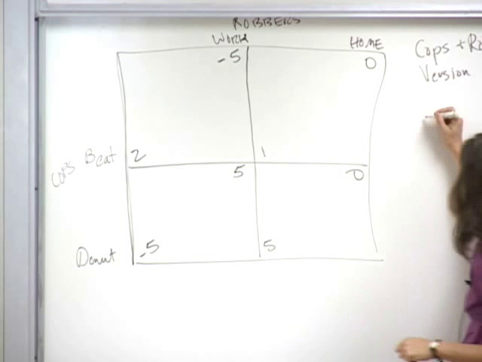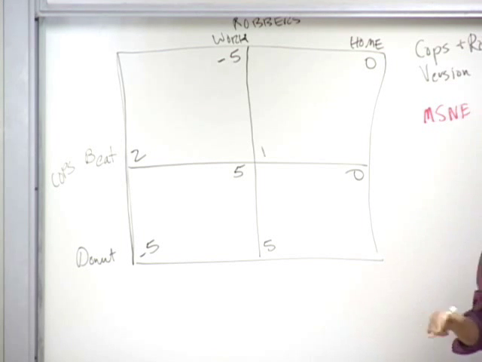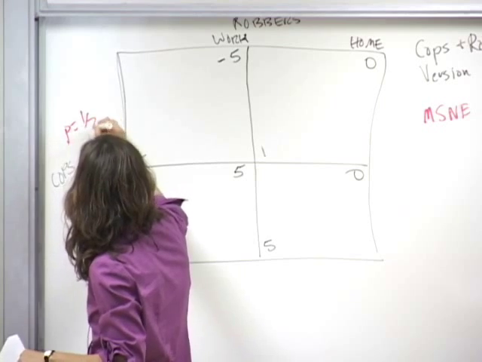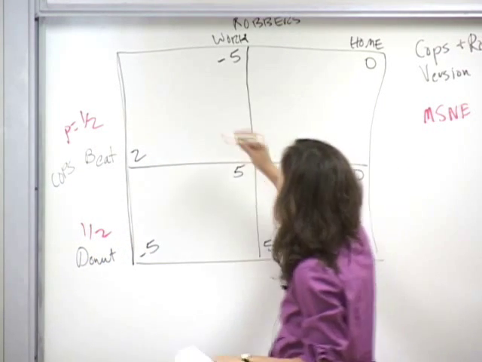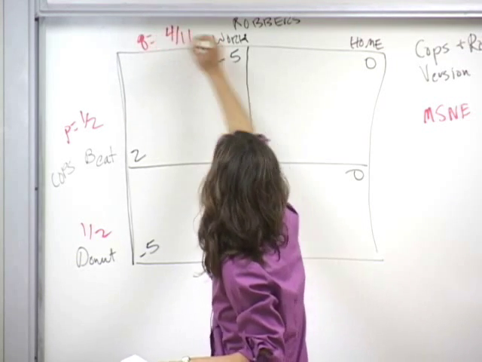It has a mixed strategy equilibrium where the cops are on the beat with probability 1/2. They're in the donut shop with probability 1/2. The robbers are at work with probability 4/11.